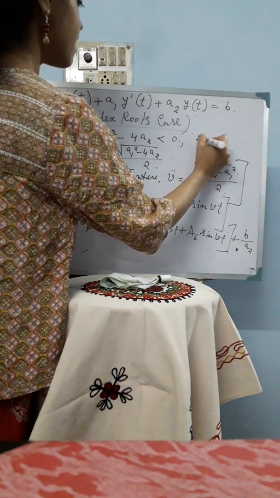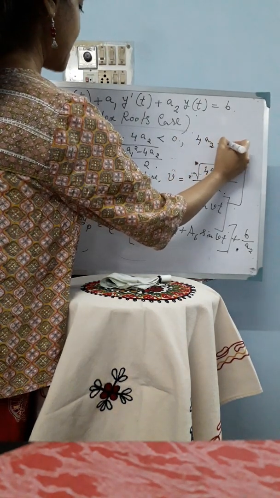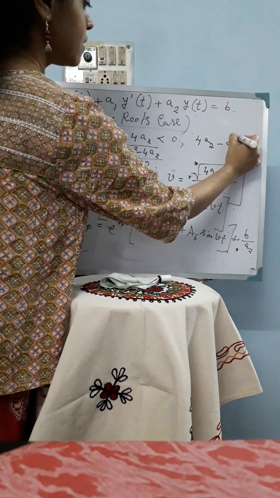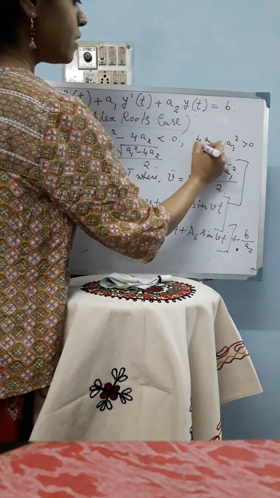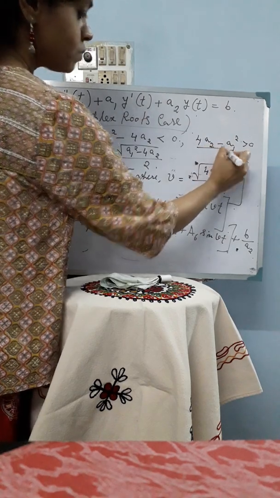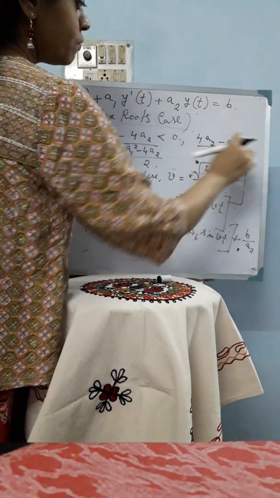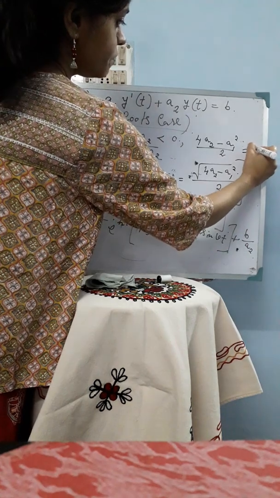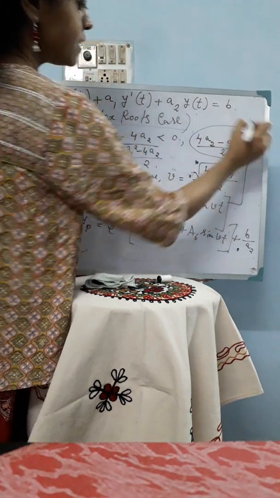Therefore we can say that 4a2 - a1² is greater than 0. So then √(4a2 - a1²)/2, we are taking this equal to v. So this is real.